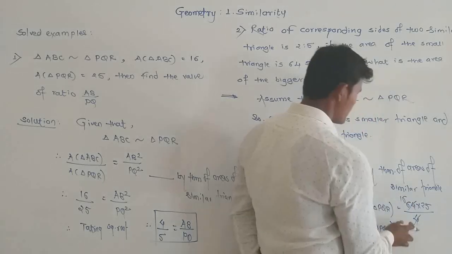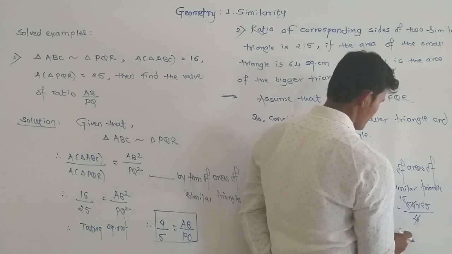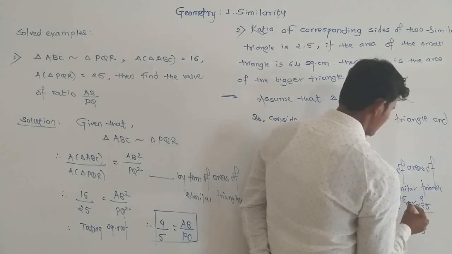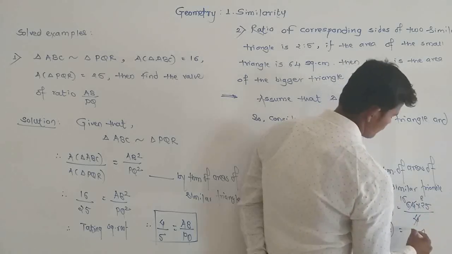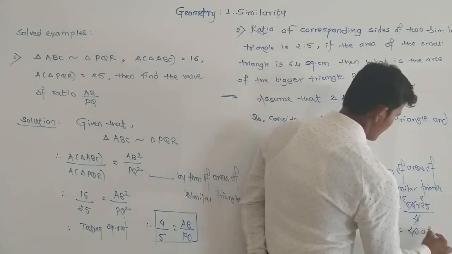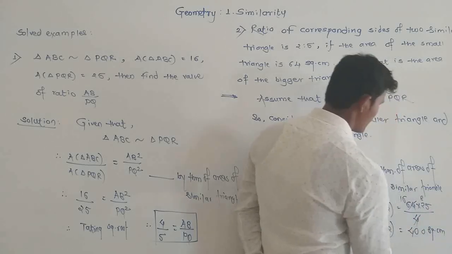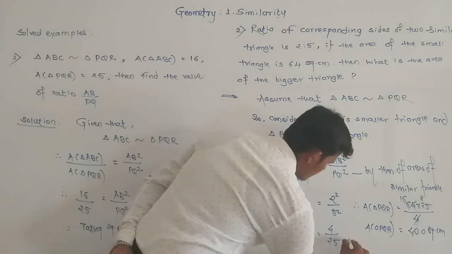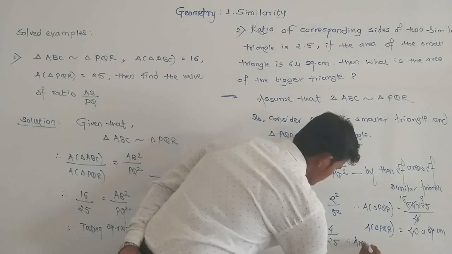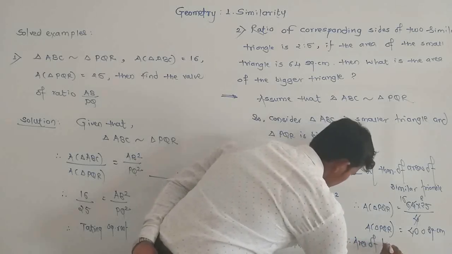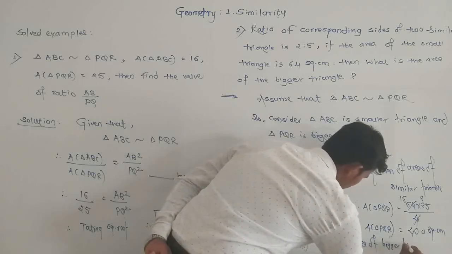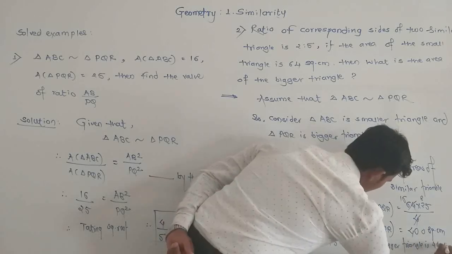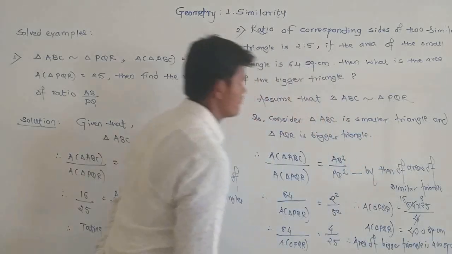After multiplying 16 into 25, 16 fives are 80, carry 8, 16 twos are 32 plus 8 is 40. So we get the area of the bigger triangle is 400 square centimeters. So write down: area of bigger triangle is 400 square centimeter.